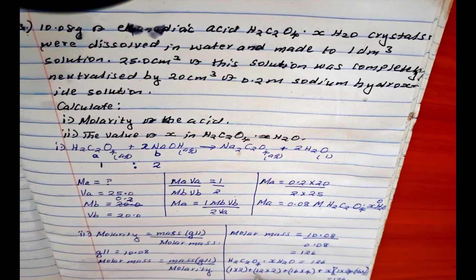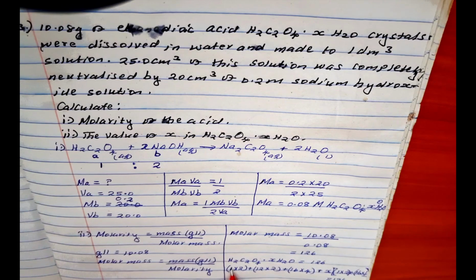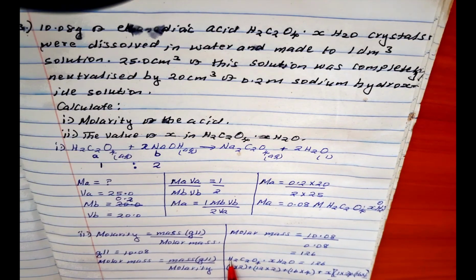So now we equate the formula of ethanedioic acid, which is hydrated, to 126. So how do we get this? H2C2O4.XH2O is equal to 126. So 1 is the relative atomic mass of hydrogen, times 2, which is the number of atoms of hydrogen.